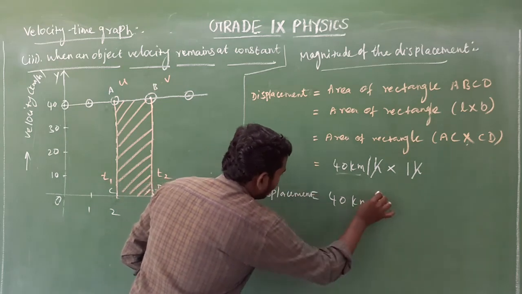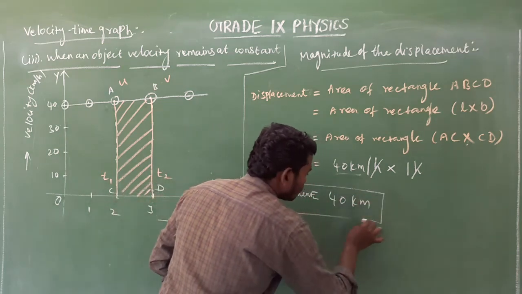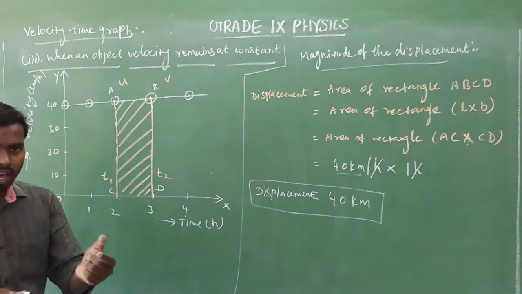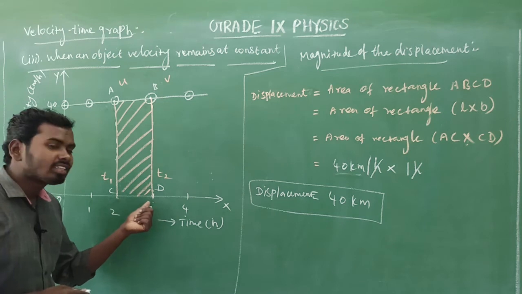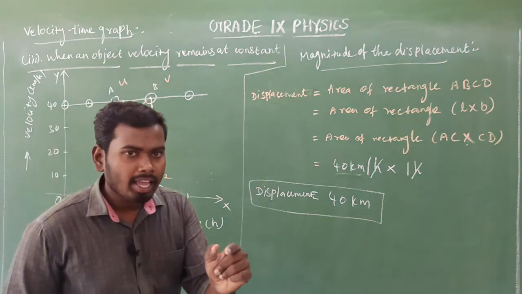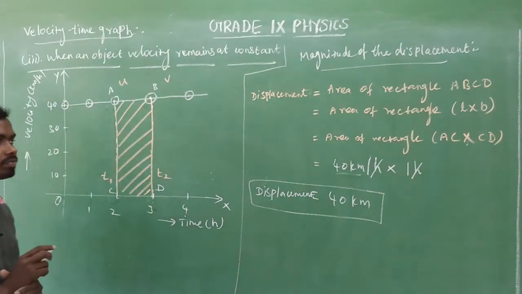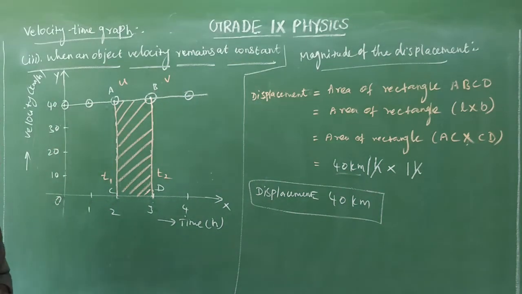Displacement of the object during what interval of time? Look here. During the interval of 2 hours and 3 hours, what is the displacement covered by the object? That is 40 kilometer. Am I right or wrong? Very simple mathematical calculation, that's all.